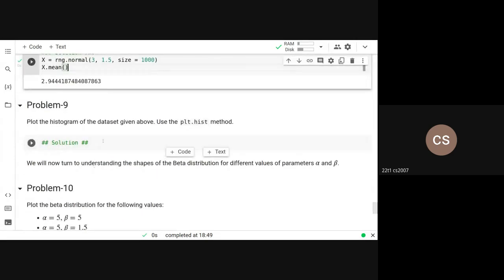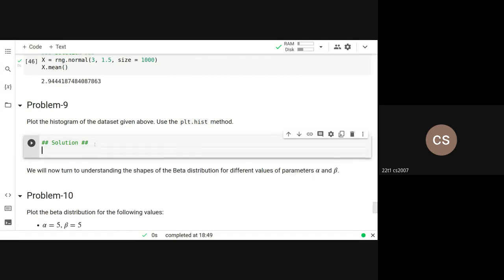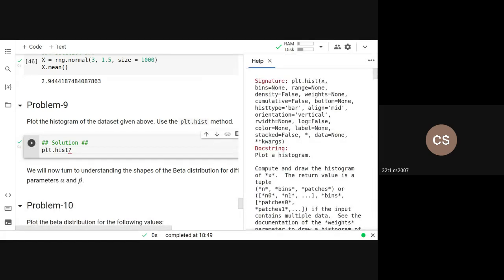Now, how do we plot this distribution and see what happens? Instead of doing a bar graph here, it's more appropriate to do a histogram because we are dealing with continuous data, right? So again, we have what is called a plt.hist method. Use a question mark and that will give you what you need to do. You just give the data x.